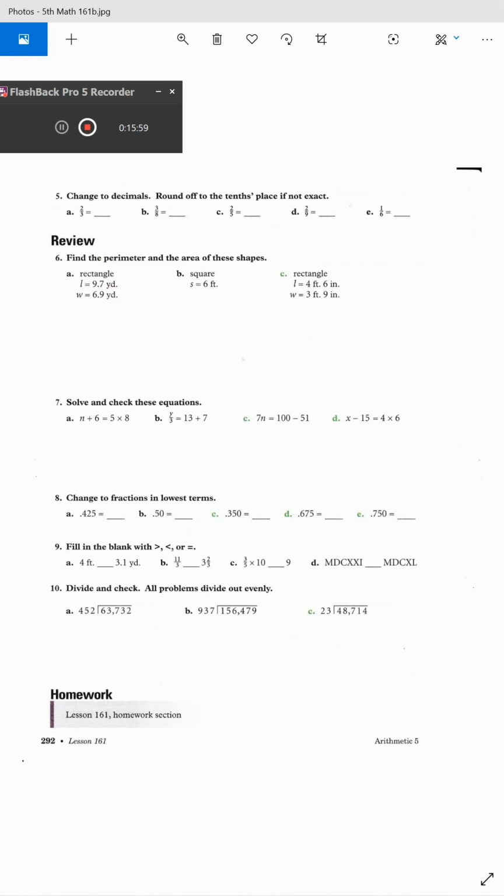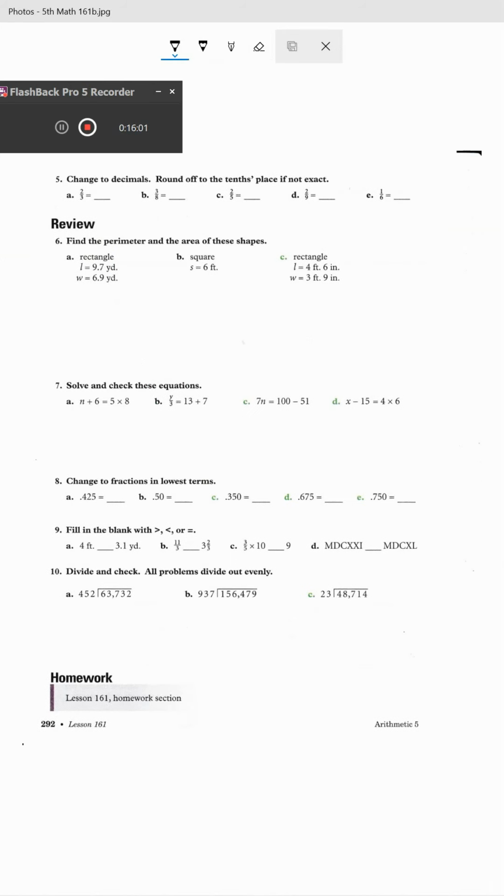All right. Change these to decimals and round off to the nearest tenth place if it's not exact. All right, can I write up here? No, but I can write down here and erase it. So 2/3. We should have 2/3 memorized, so we're not going to divide it. 1/3 is 0.3 repeating. 2/3 is 0.6 repeating.